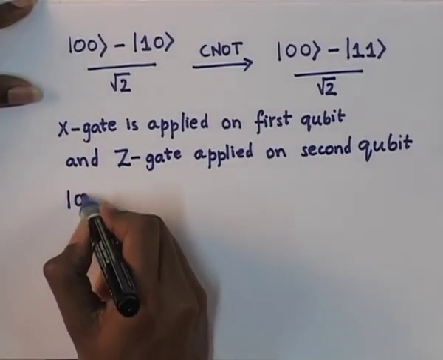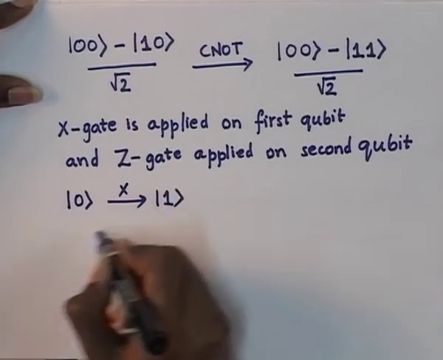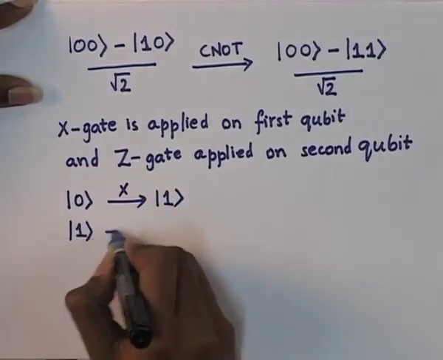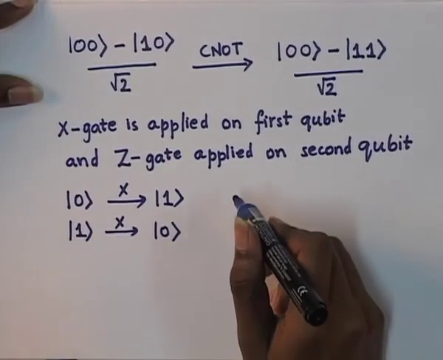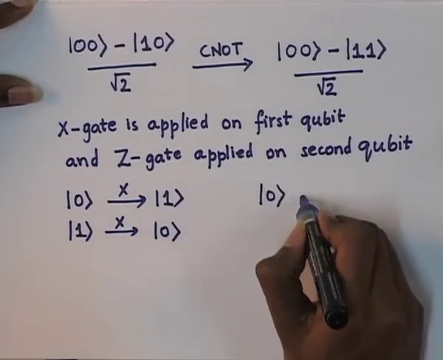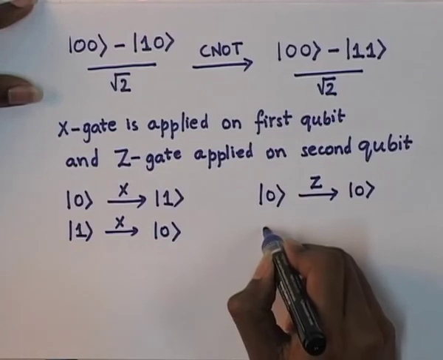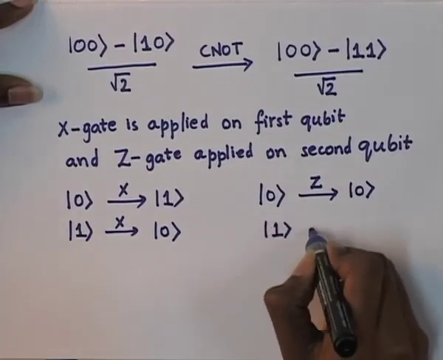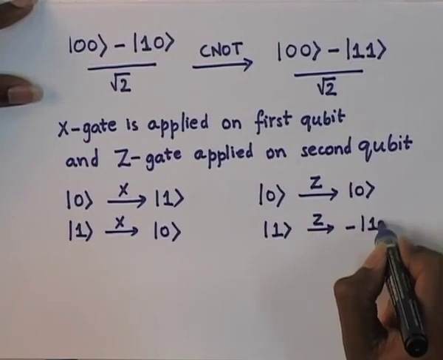We know that qubit 0 transforms to qubit 1 and qubit 1 transforms to qubit 0, because X is the same as the NOT gate, and on application of Z gate on qubit 0, it doesn't get altered, but when Z gate is applied on qubit 1, we get a negative coefficient.